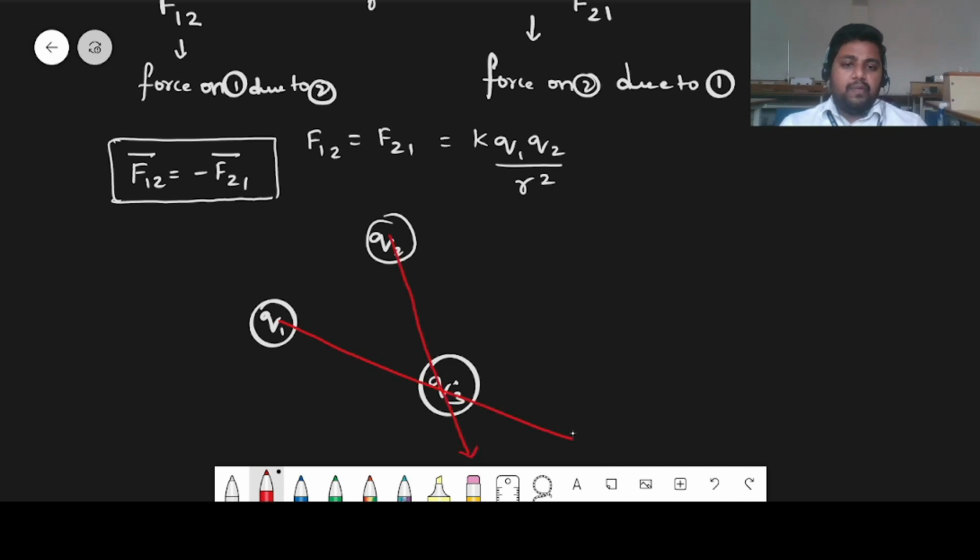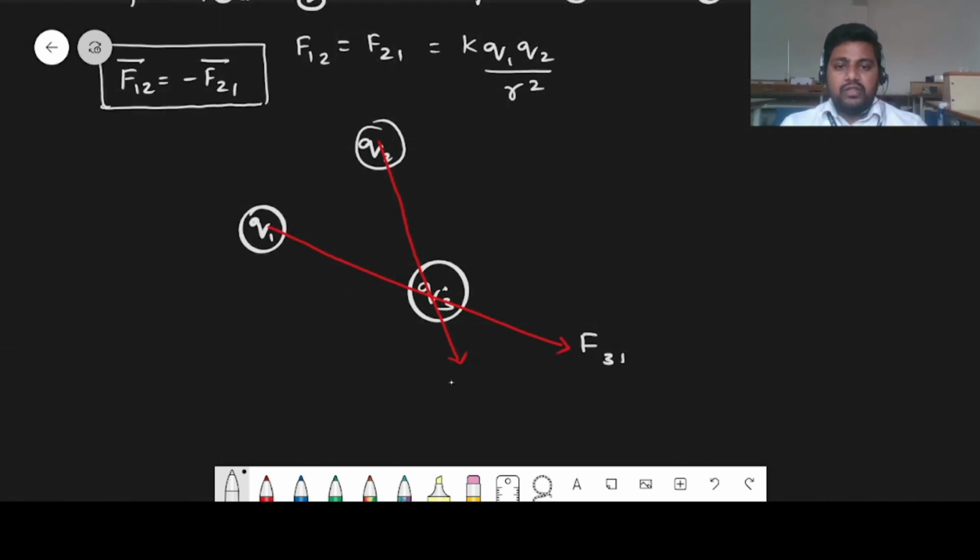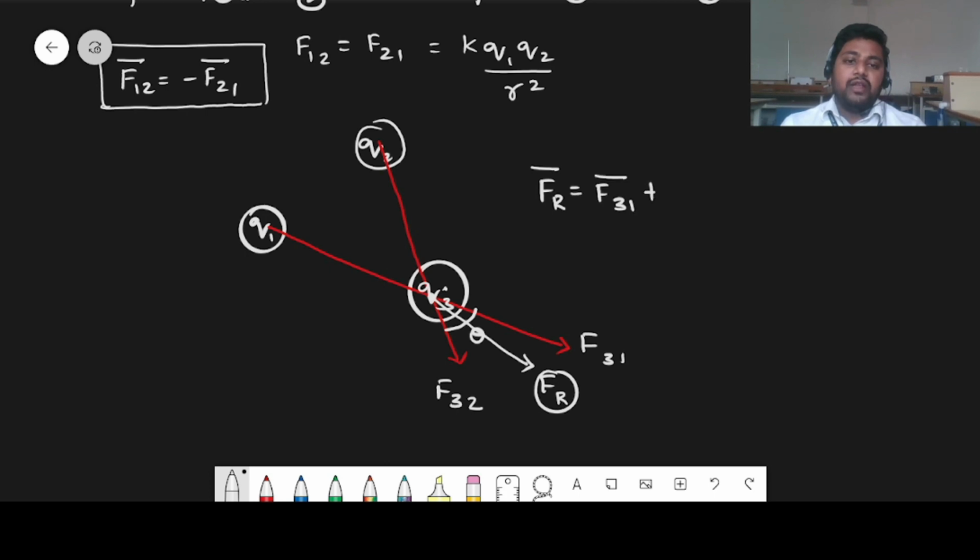You can draw this force as F31, and the force acting on 3 due to 2 as F32. We have two different forces with an angle between them, so you can find the resultant force by adding F32 and F31 vectorially.